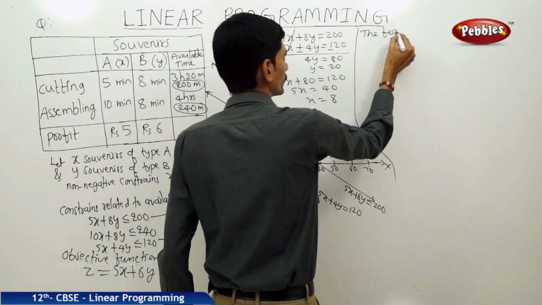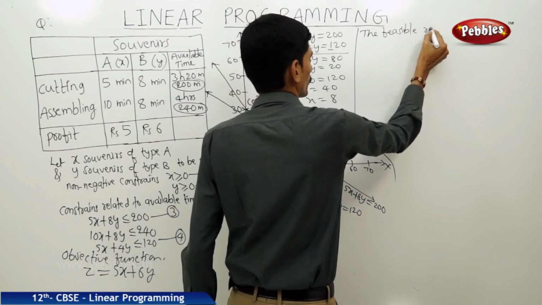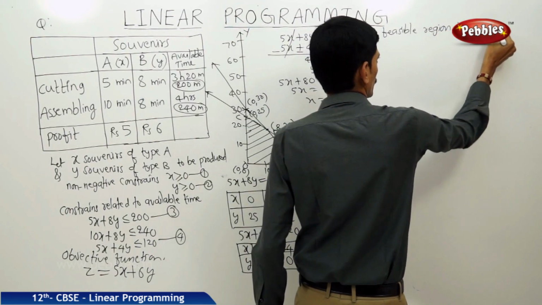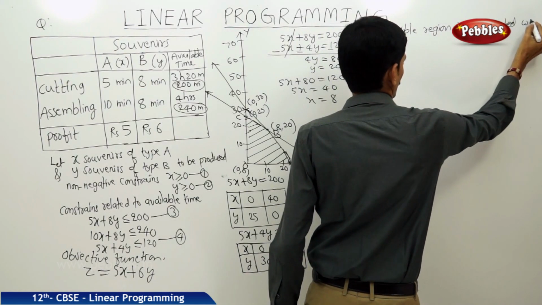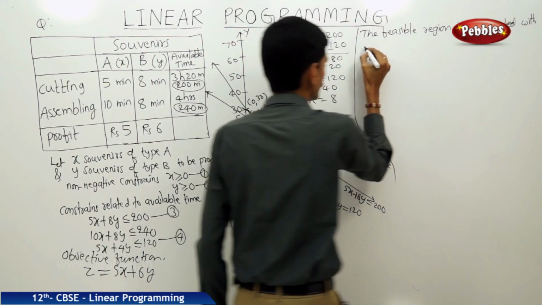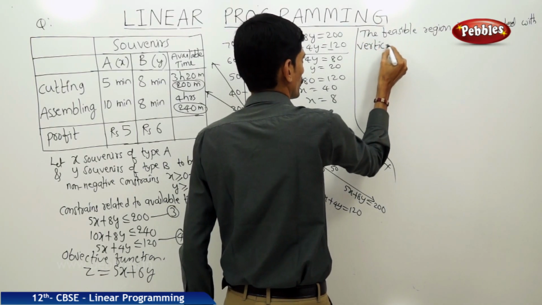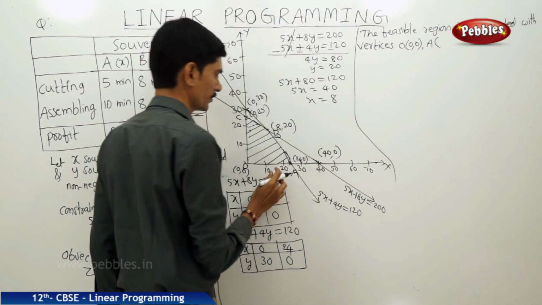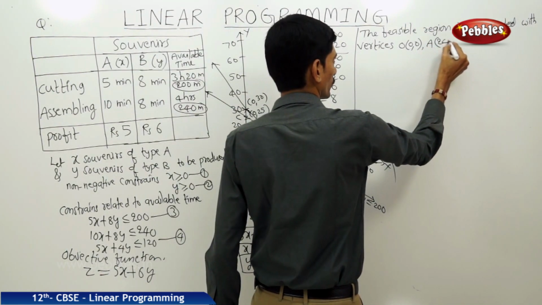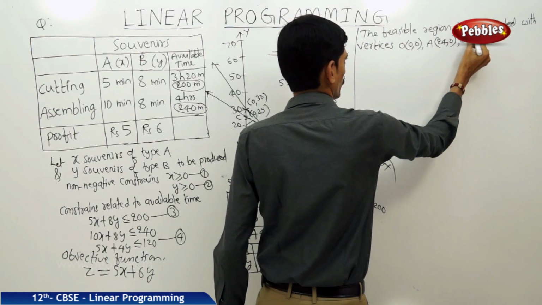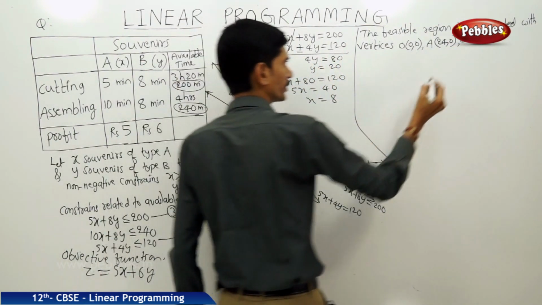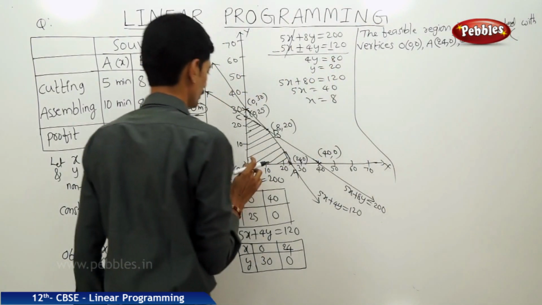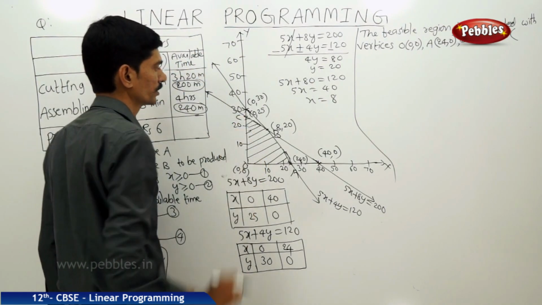The feasible region is bounded with vertices O 0, 0, A 24, 0, B 8, 20, C 0, 25.